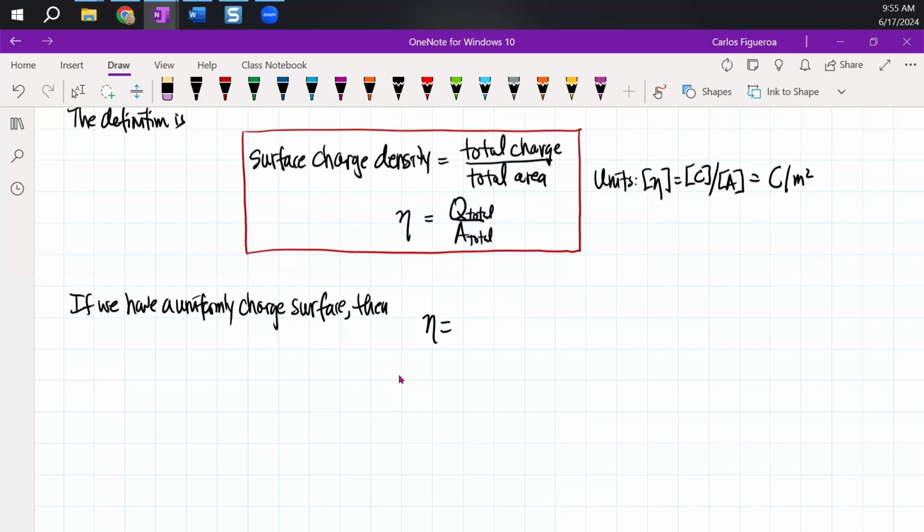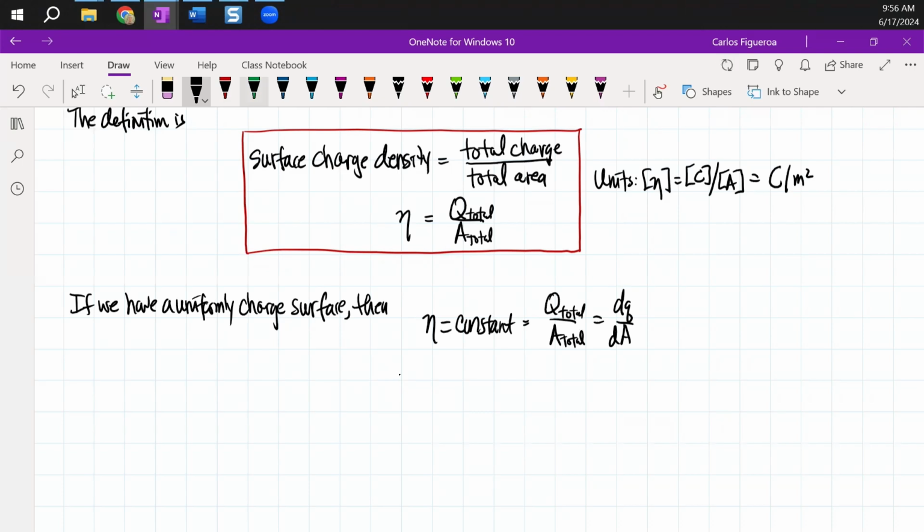Let me be careful here. If this is a constant, then this will be the total charge over the total area, and will also be some infinitesimal charge distributed into some infinitesimal area.